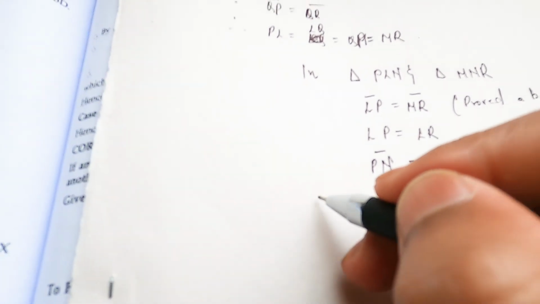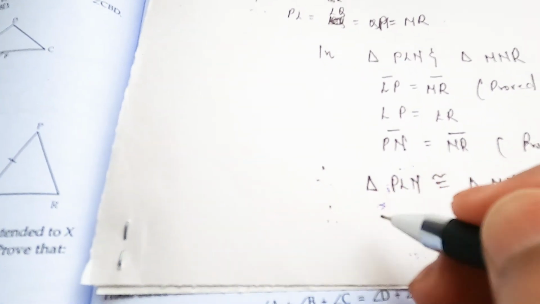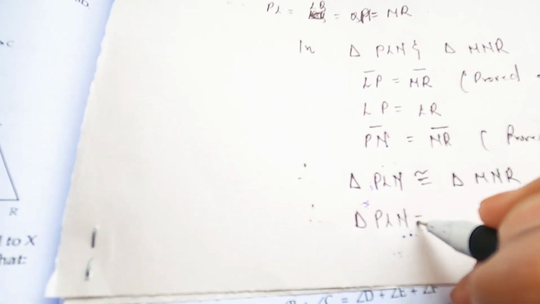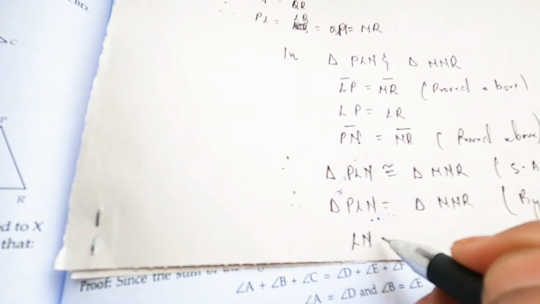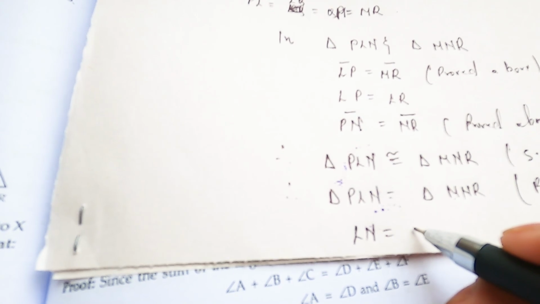So therefore we can say that triangle PLN is congruent to triangle MNR by SAS. So triangle PLN is congruent to triangle MNR, and by CPCT, if both the triangles are congruent, we can say that LN is equal to MN.